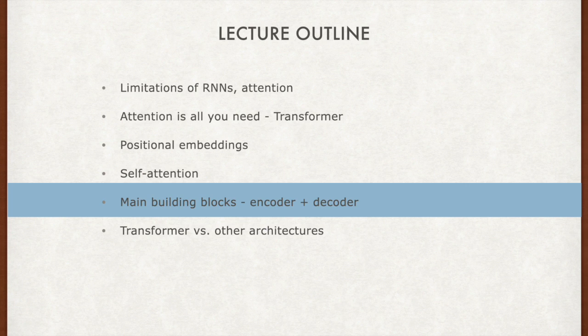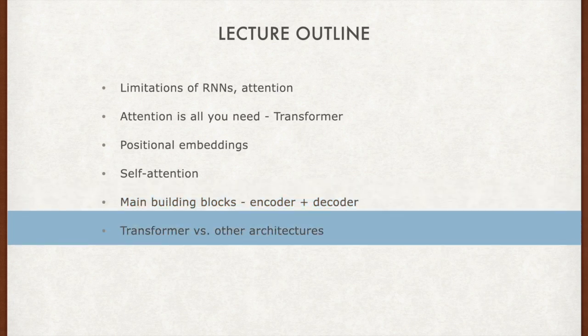Yes, the transformer architecture is indeed an encoder-decoder neural network. Finally, we will compare transformers to different architectures, especially those providing static word embeddings, like word2vec, and those providing contextual word embeddings based on recurrent neural networks, like ELMO, which we discussed during the last lecture. There's a lot to discuss, so let's start.